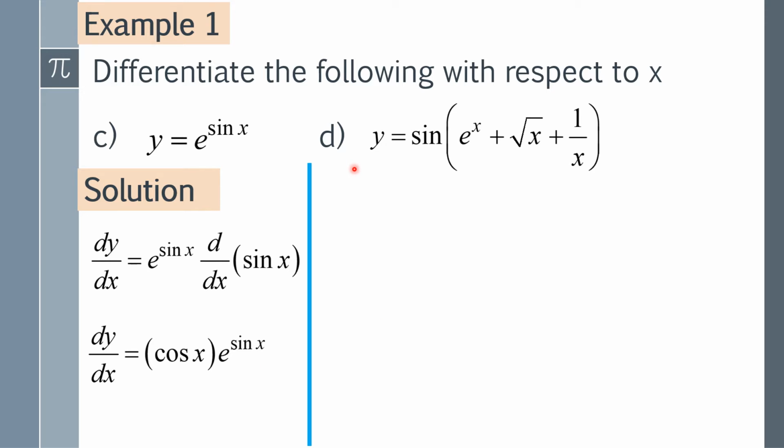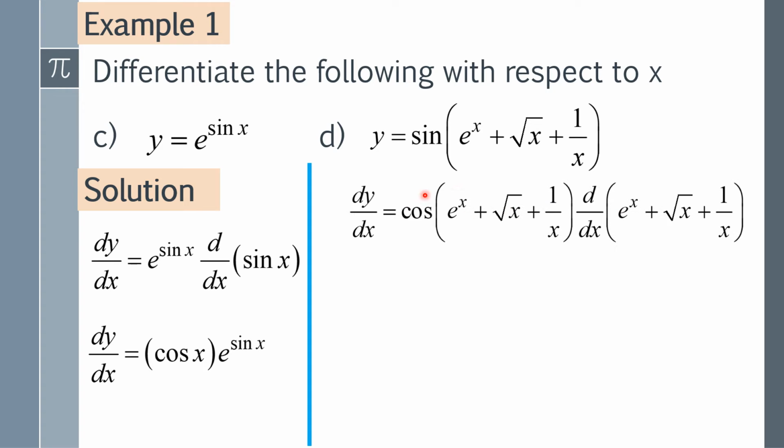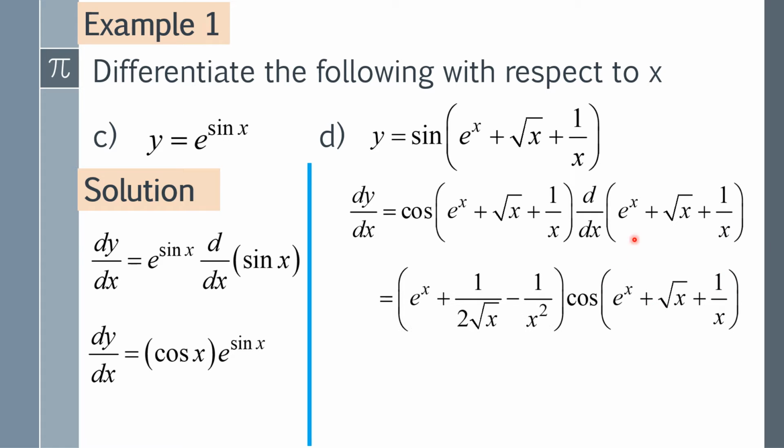Example 1d, y equals sine of (e to the power of x plus square root of x plus 1 over x). For this question, we differentiate trigo. Sine gives cos. Now the angle we just copy, e^x plus root x plus 1 over x. Then we differentiate the angle. Differentiate e^x, we get e^x.